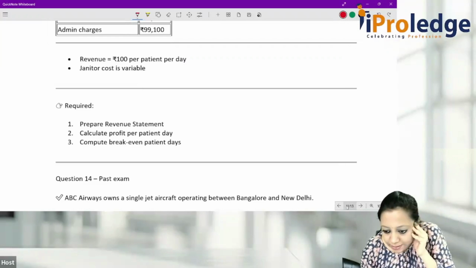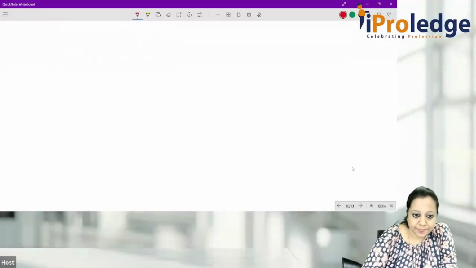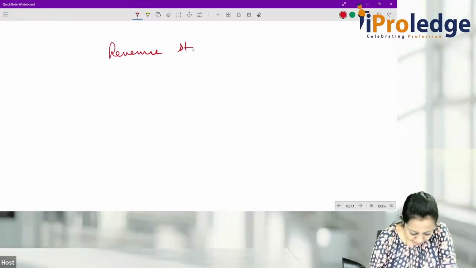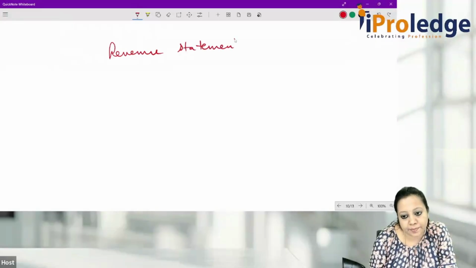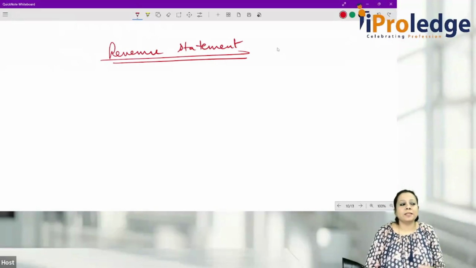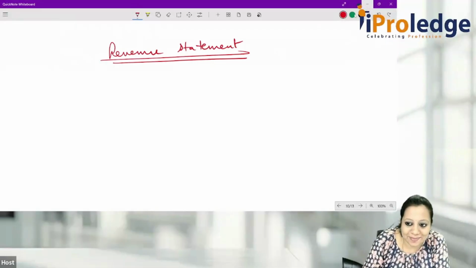So now let us see the revenue statement. Revenue statement means we have to show the profit, that is, from sales onwards. So let us start.